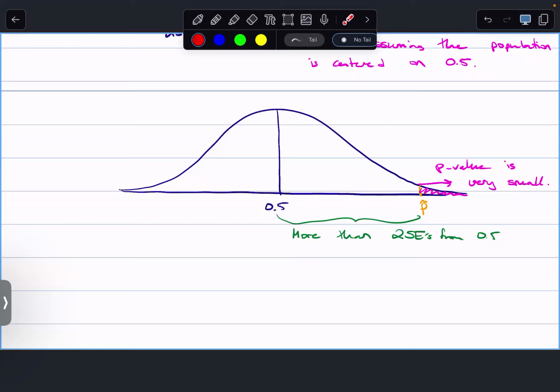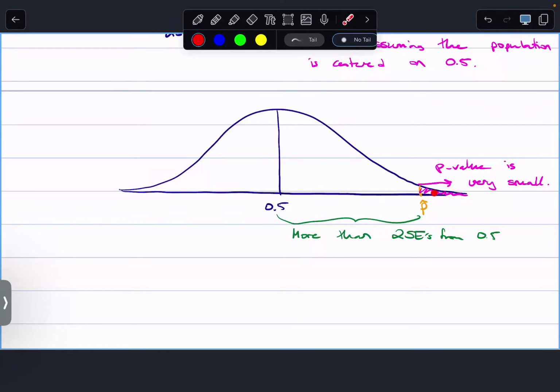So what's more likely to have happened is that I pulled this sample from a different proportion, right? Or from a different population, not centered on 0.5, but probably centered on something larger than 0.5. And so one of the key elements here is that we have to assume that the center is 0.5 before we can establish that, oh, okay, that's actually unlikely, given my sample proportion is really far away from 0.5.